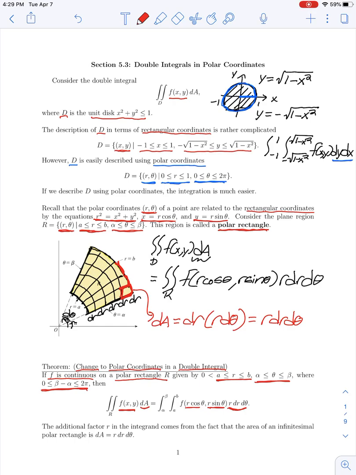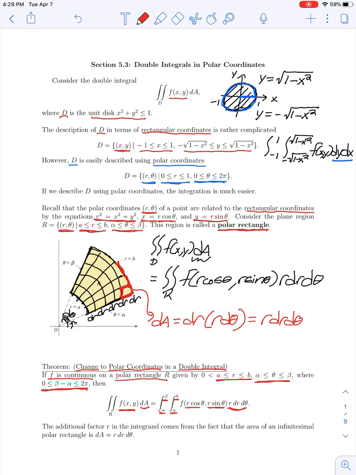So our inner integral here is with respect to r. The r values were ranging from a to b for that inner integral, and the outer integral was with respect to theta, with limits of integration from alpha to beta.